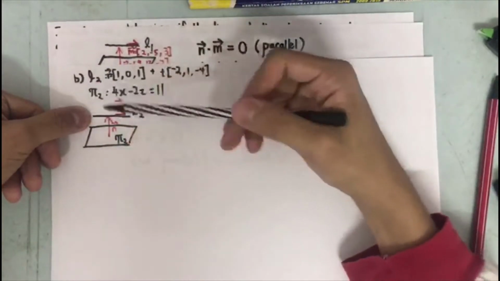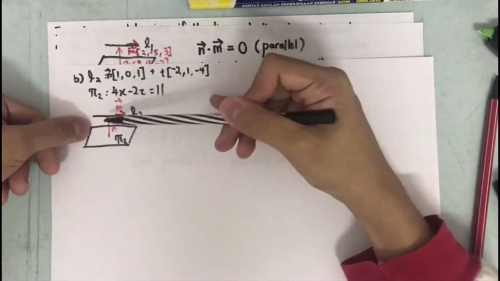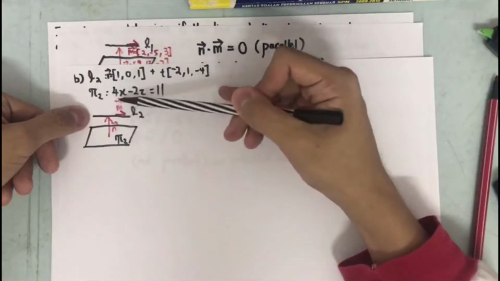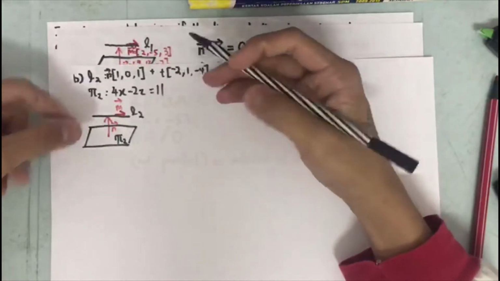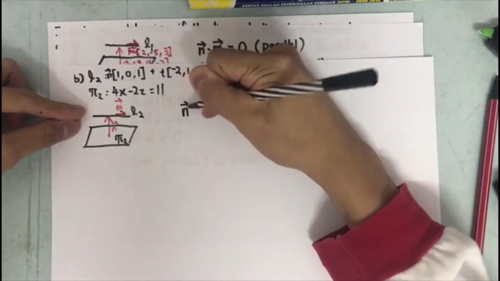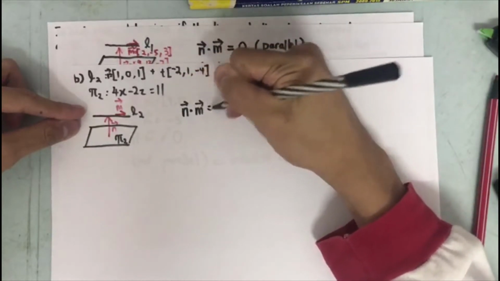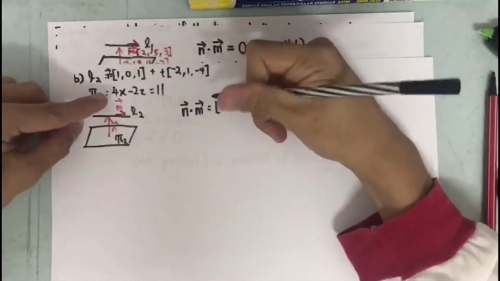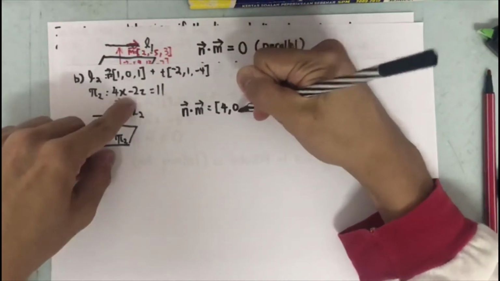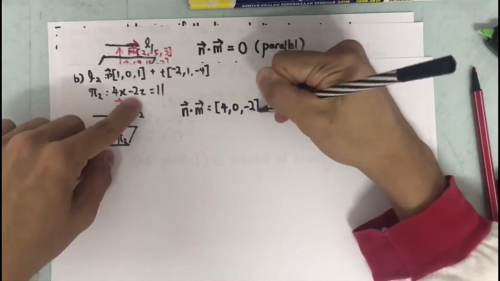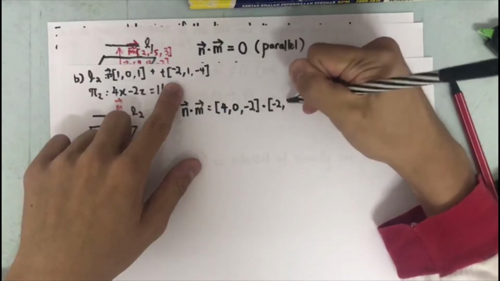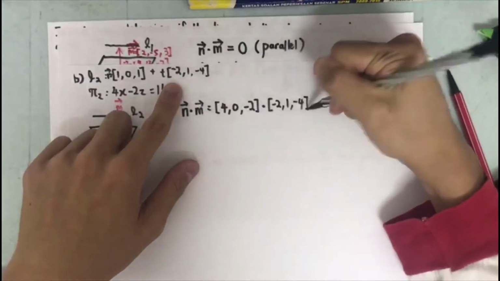You know, if the plane is parallel to the line, the normal vector of the plane must be perpendicular or orthogonal to the direction vector of the line. So to check this, we can use the dot product. n dot m, the n will be (4, 0, -2), because there is no y here, dot (-2, 1, -4).